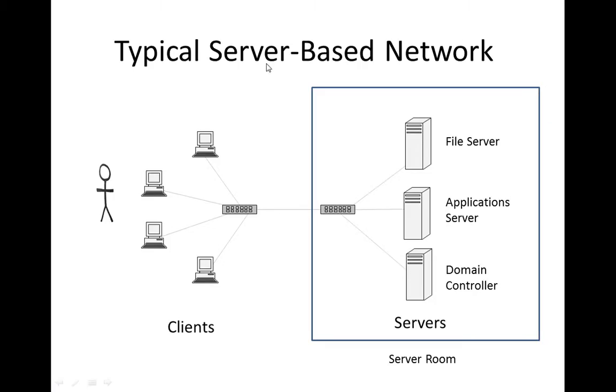In a traditional server-based network, the users connect to the workstations, which connect to a switch, which connect to another switch, which is in the server room at the data center. There is a separate file server, an application server, and a domain controller. Each server is on a separate physical machine. That's the typical, traditional way of doing it.